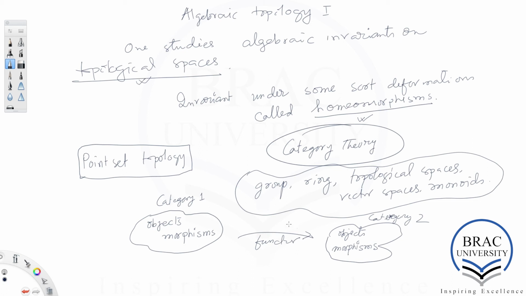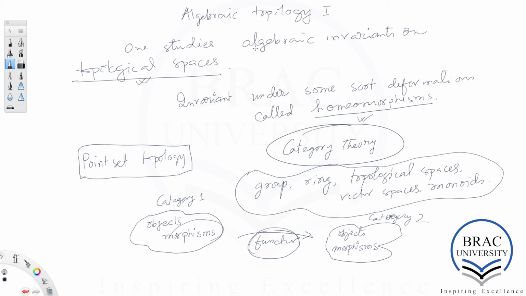It has to obey some rules as well, meaning that these functors should relate the objects here to the objects there. Similarly, this same functor should relate the morphisms here to the morphisms there in a consistent way. So roughly this is what's happening in category theory.